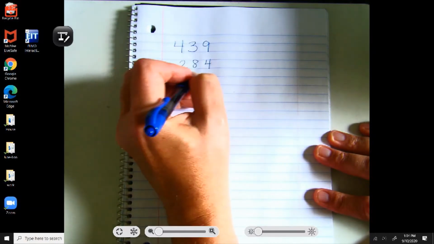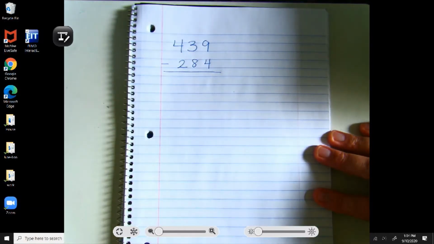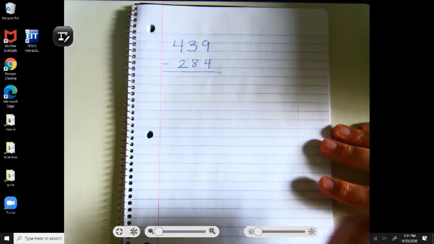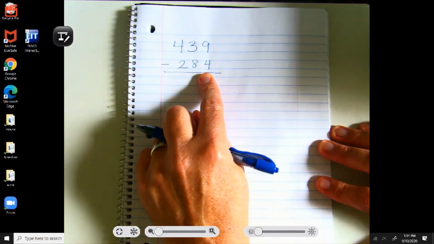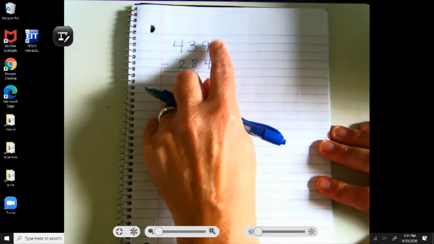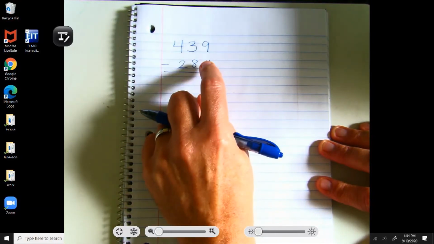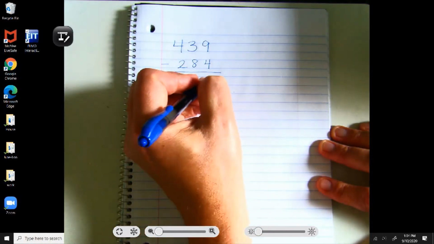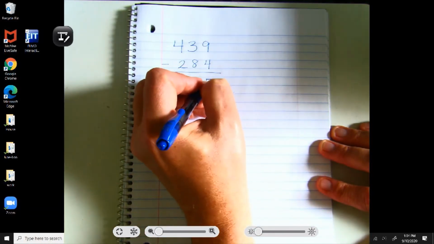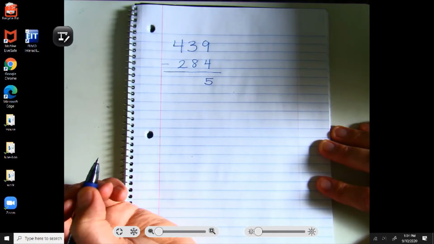And I want to know how many M&Ms I have left, right? How many M&Ms am I going to have left to eat later? So scholars, we start out, of course, subtracting in the ones place. It looks like everyone's doing fine with that. 9 minus 4. So can I take 4 away from 9? I can. 9 minus 4 is 5.